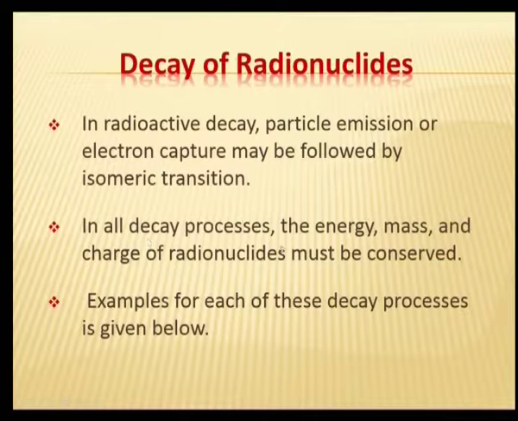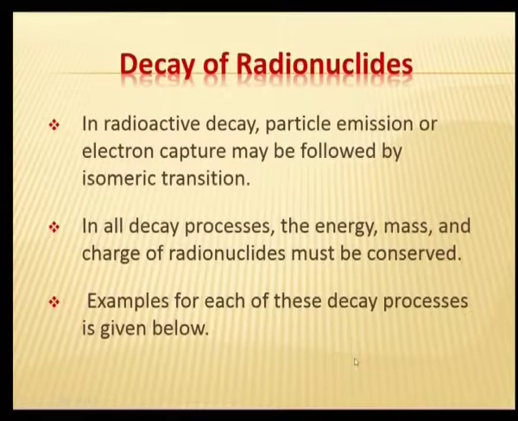In all decay processes, the energy, mass and charge of radionuclides must be conserved. This is the point I have been repeatedly telling. The charge should be conserved, and mass and energy in all the nuclear reactions are to be conserved. Examples of each of the decay processes which I mentioned earlier are given in the slides to come.